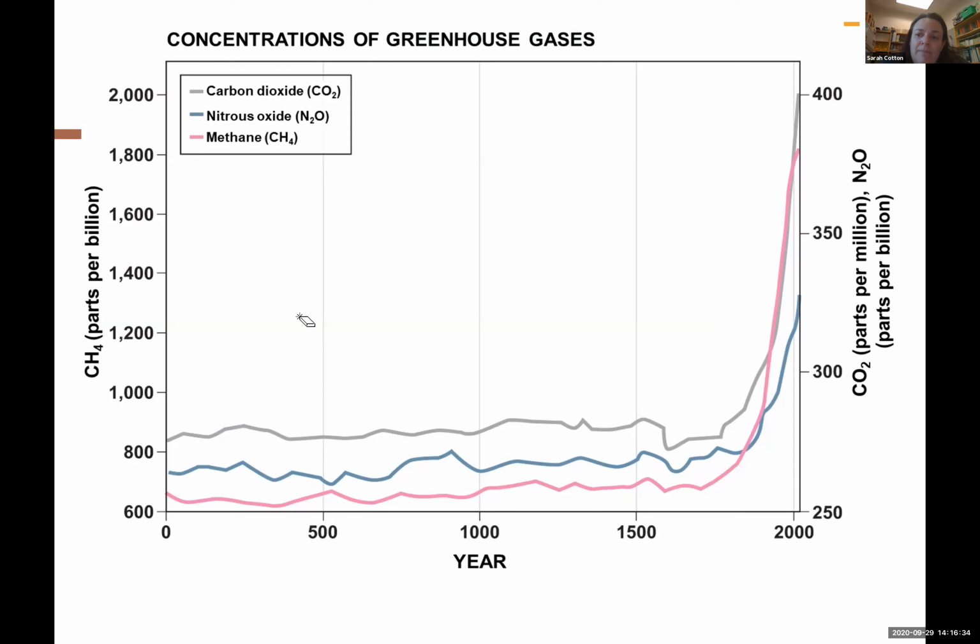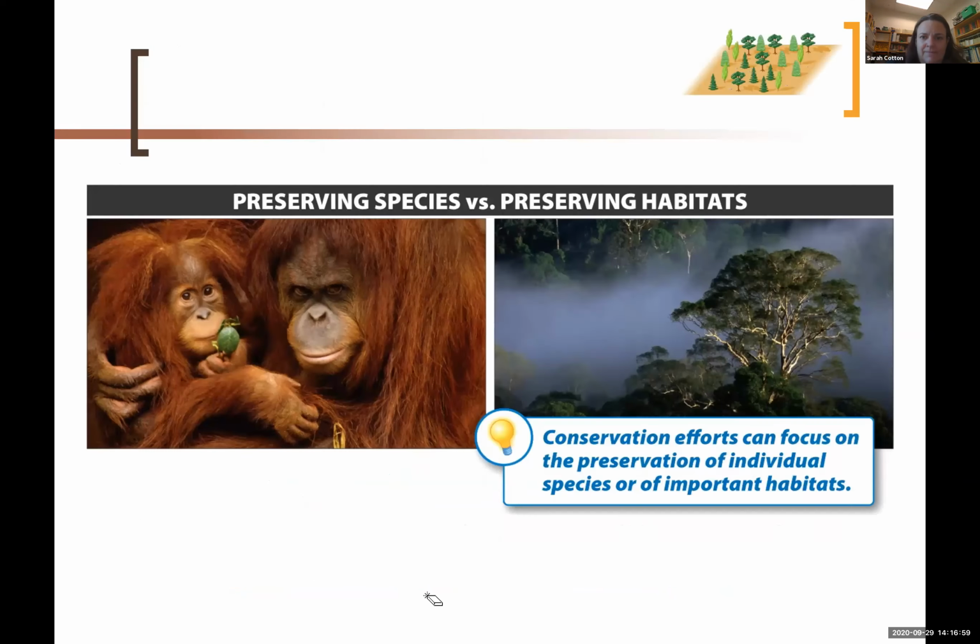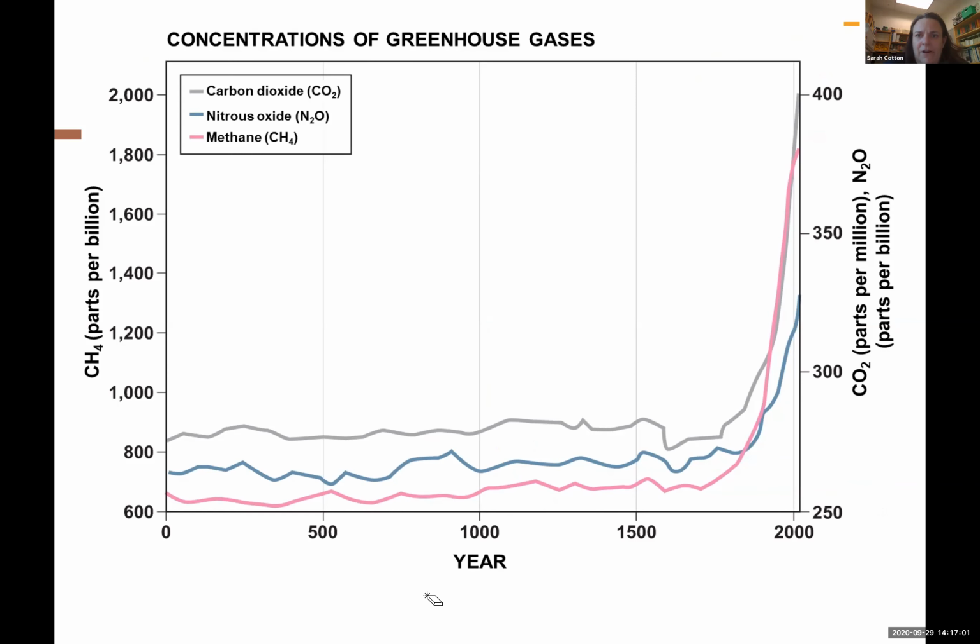Okay. And so here is a little diagram, and the scale here is 2,000 years, right? So this is showing the increase in concentration of greenhouse gases, right?